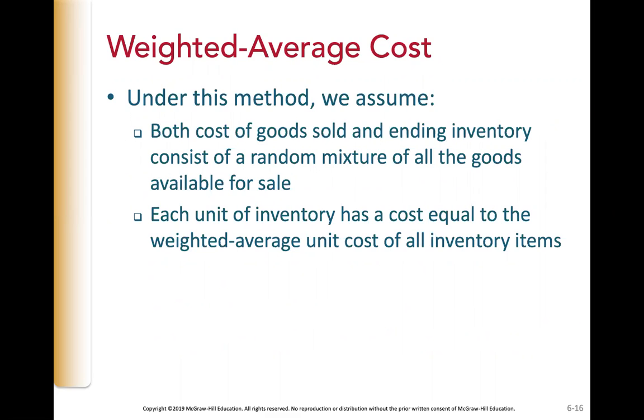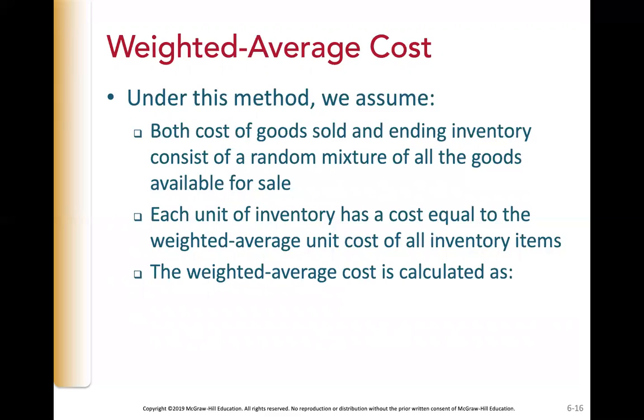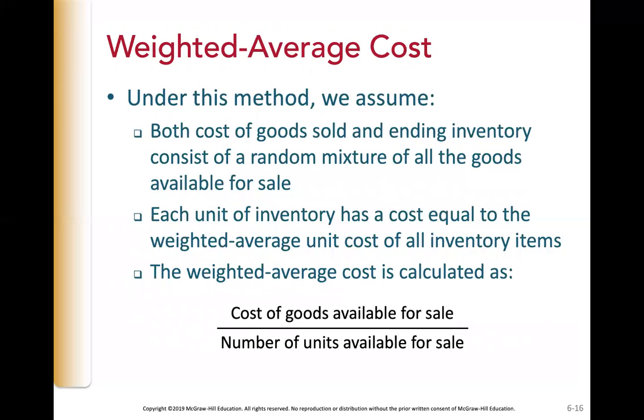Each unit of inventory has a cost equal to the weighted average unit cost of all inventory items. Note I'm stressing the word weighted average. How do you calculate a weighted average? Take the total cost of goods available for sale and divide it by the number of units available for sale.